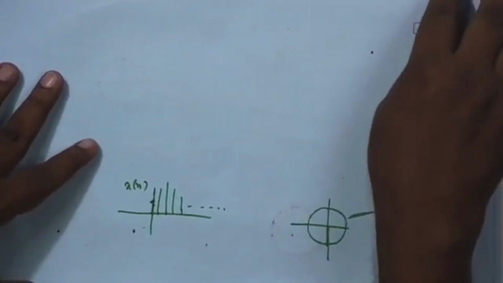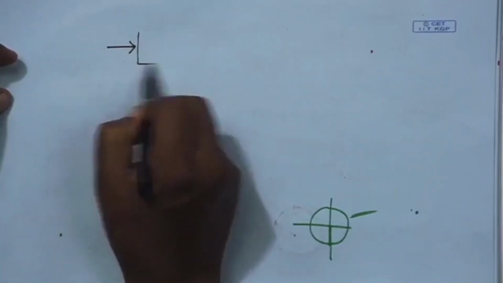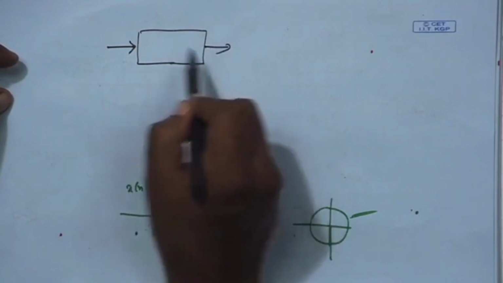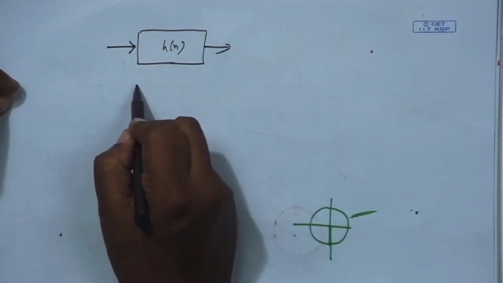Now, there is a relation of this with a linear shift invariant system, impulse response h(n), but it is also rational.